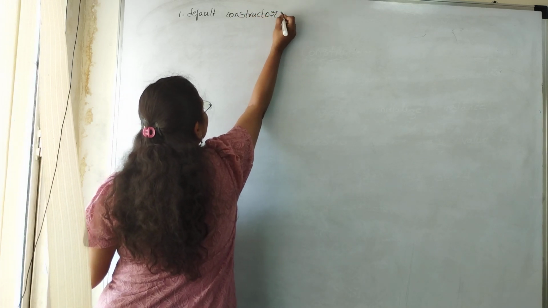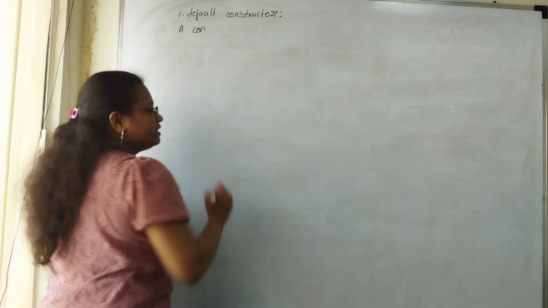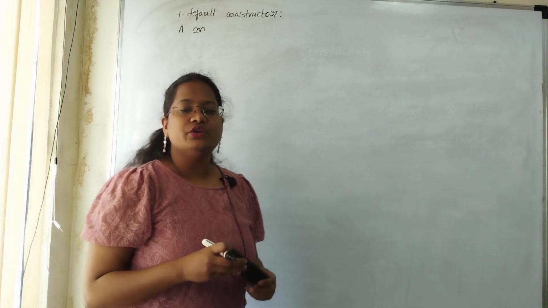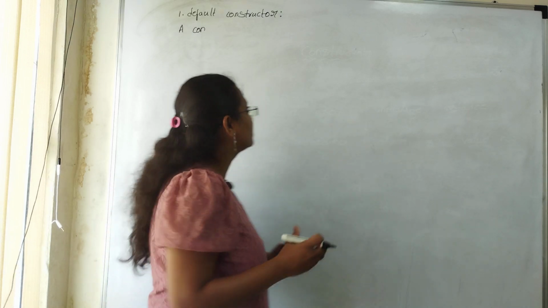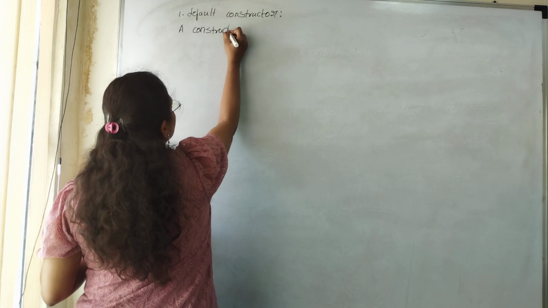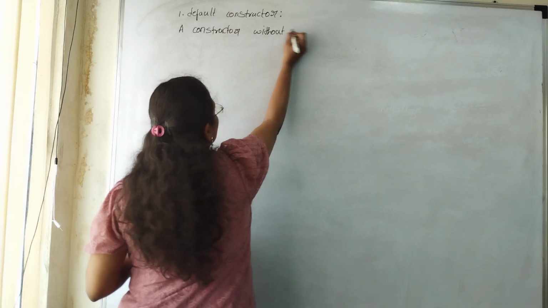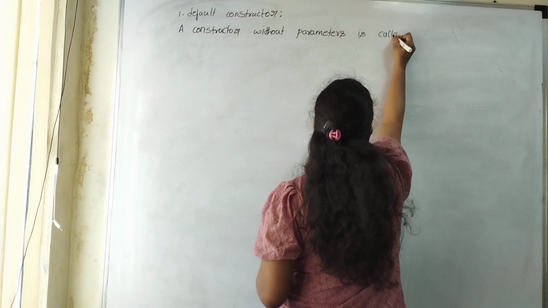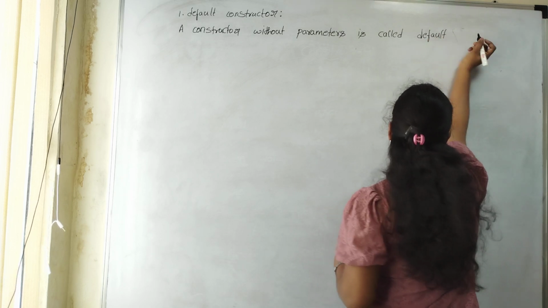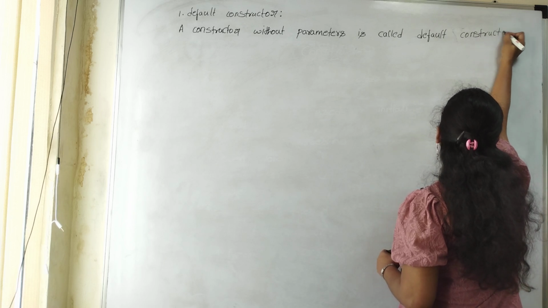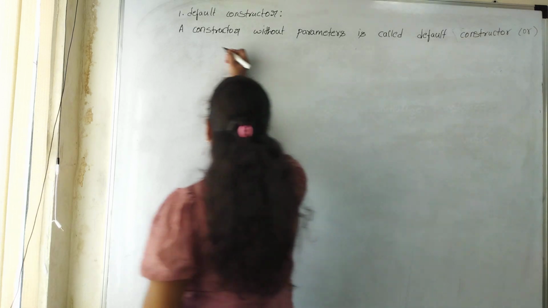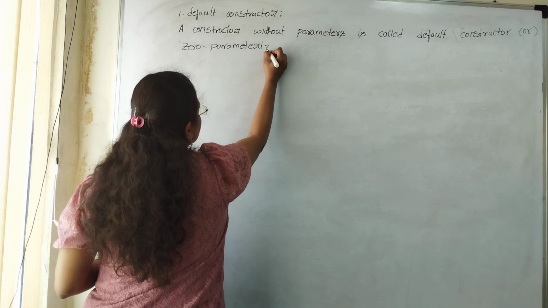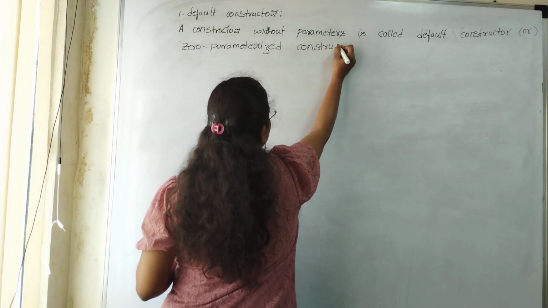A constructor without parameters is called a default constructor, and you can also call it a zero parameterized constructor. So this is the definition of a default constructor.